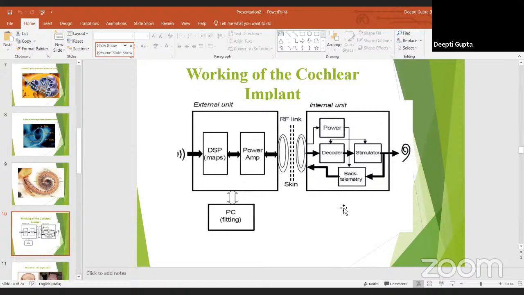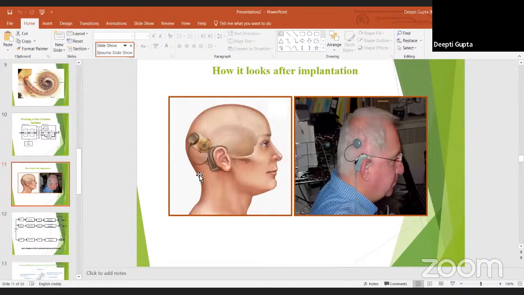And I'll let you know a little about the market. This is how it looks. Here it gets implanted. The ear hook holds the processor with battery and the cable coil. It is attached to the internal part of the ear.